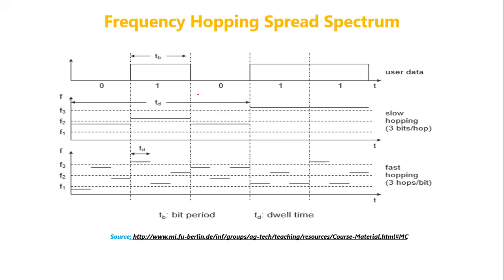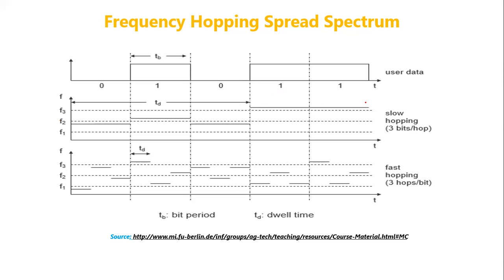Like this the transmission continues, and after transmitting 3 bits, it is hopping from frequency f2 to frequency f3. Now in f3, one is represented like this, and again one is represented like this. So this is about slow hopping.